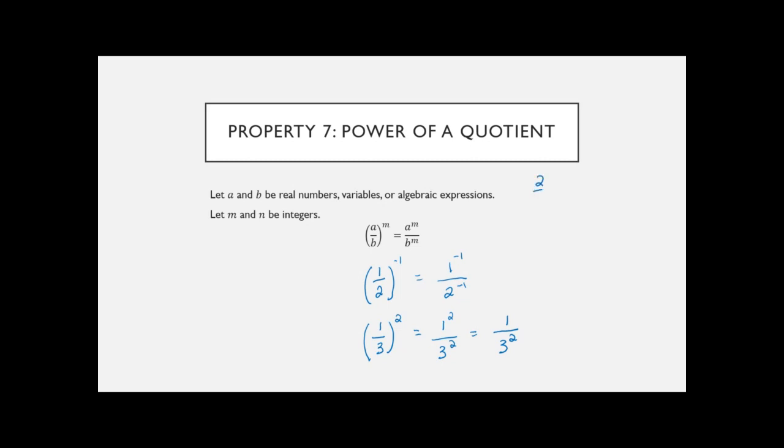So if I had (2/3) squared, I can't just ignore the top. I have to keep it as 2 squared over 3 squared, because 2 squared is not equal to 1, it's equal to 4. It's a different number. So it's just a special thing with 1, that 1 to any exponent is equal to 1. And so sometimes you can shortcut if you have 1 over something.